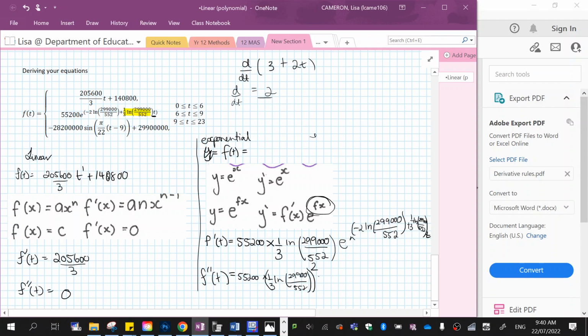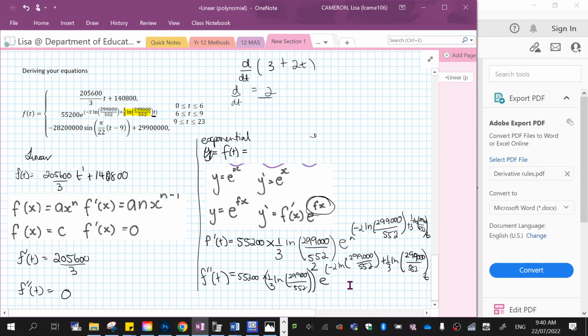So I can just replace that with squared. So now the e bracket's going to be the same, minus 2 ln bracket 299123 over 552 plus 1 over 3 ln. You'd think I'd be sick of writing this number by now, but look at us go. And then there's a t on the end. So now I've got my two functions, and they look like that.